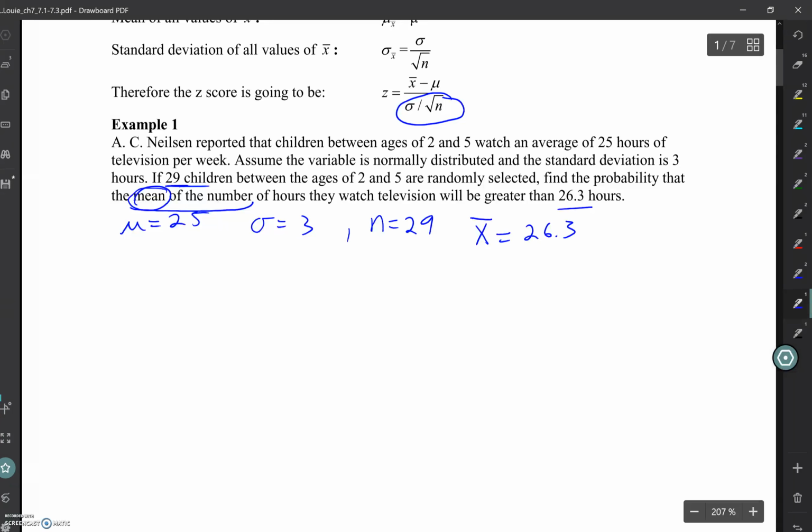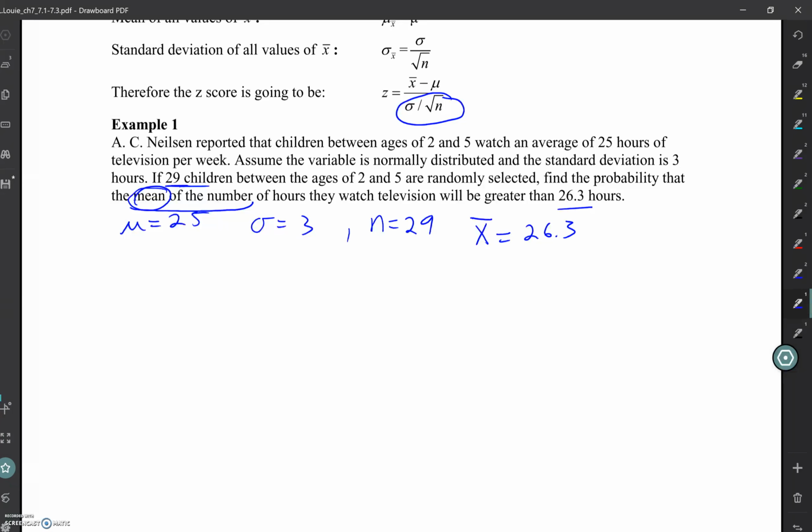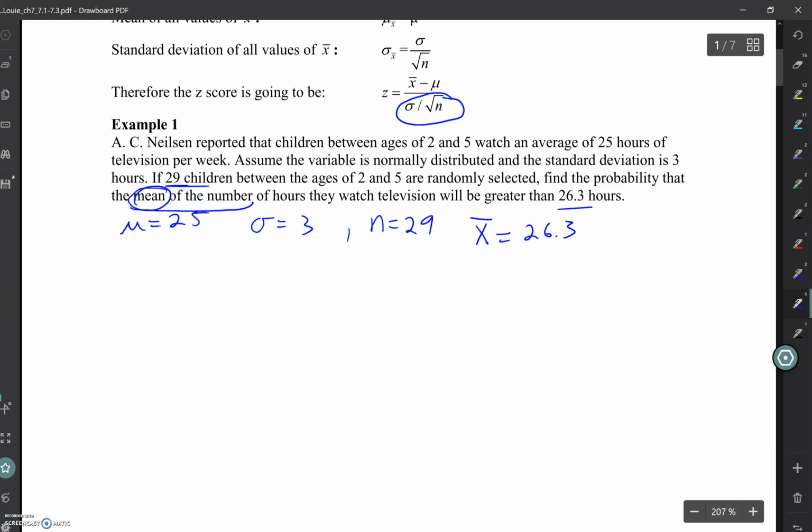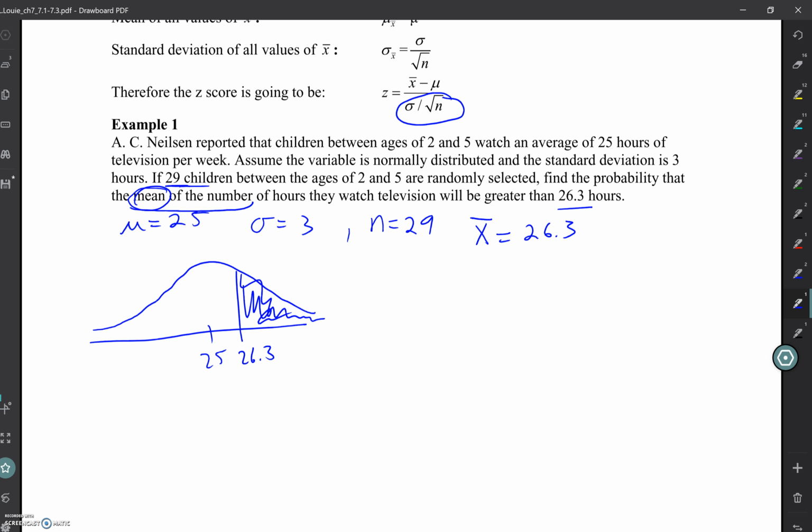So when I get two means, I've got to do my adjusting. My picture looks the same though, because I've got my mean of 25 and I want to be greater than 26.3. That looks exactly the same. But I need to do some adjusting now.